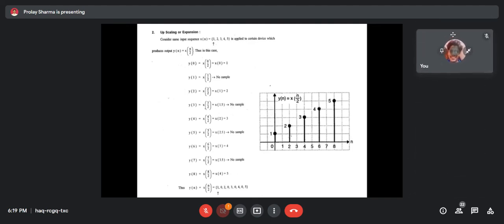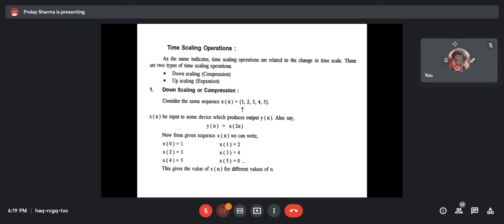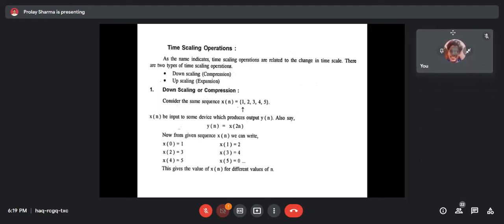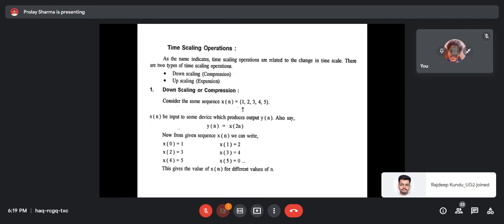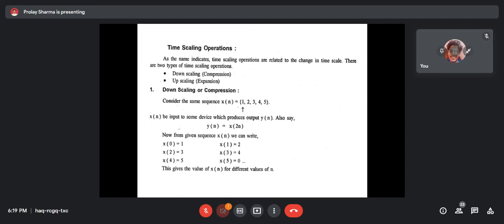It is a little bit tricky. If n is multiplied with an integer value 1, 2, 3, 4, then the signal gets compressed. If n is divided by some value 1, 2, 3, 4, 5, 6, then the signal gets expanded.